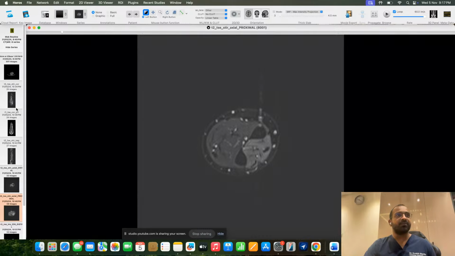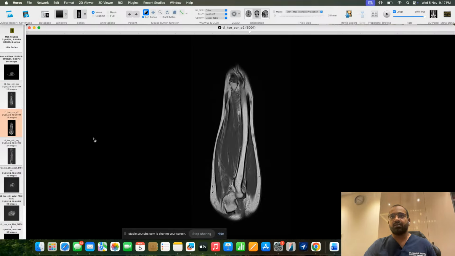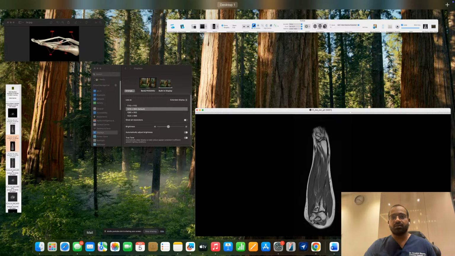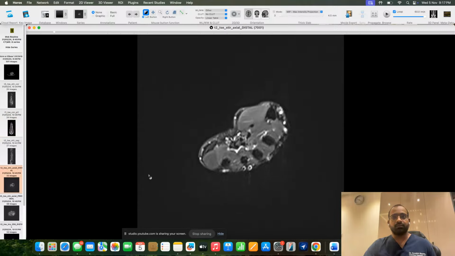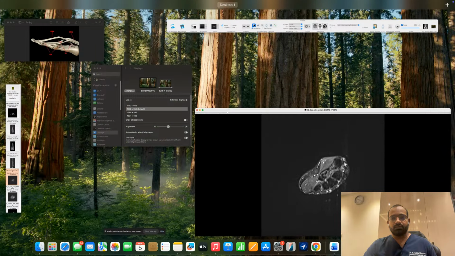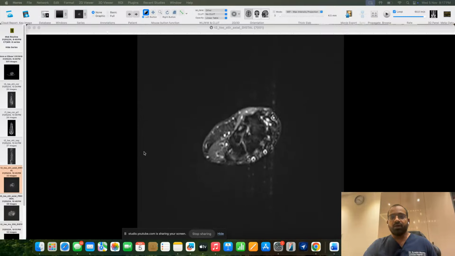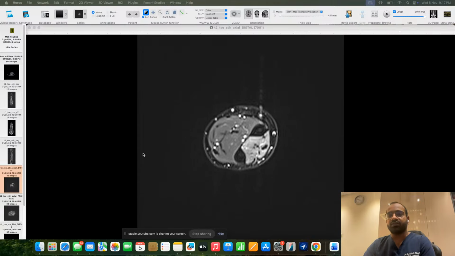Please comment. Yeah, very good. So what is happening? What am I able to see in this section of images?